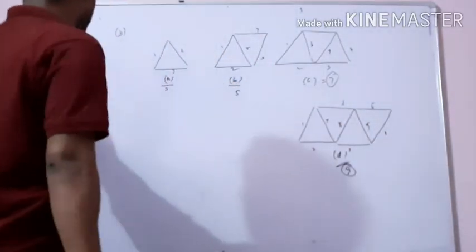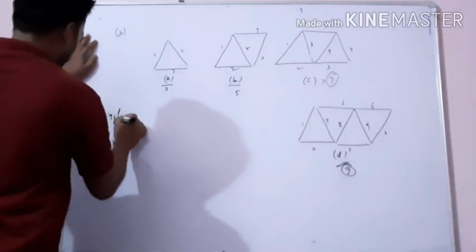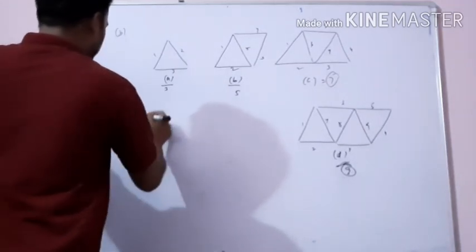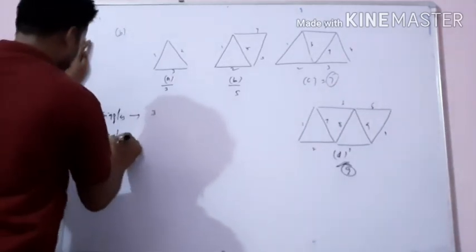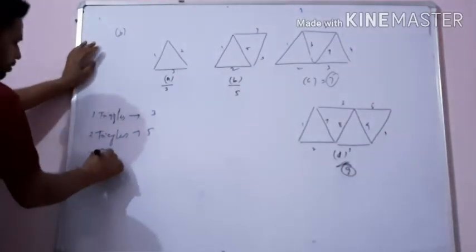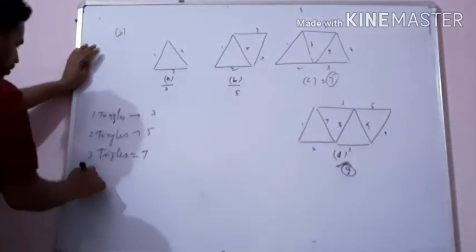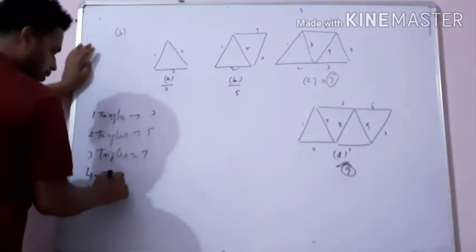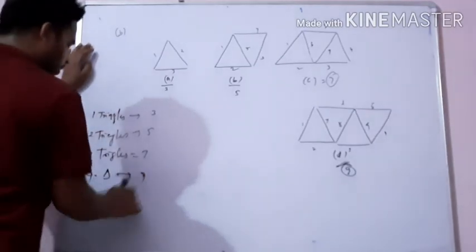Now see, for one triangle, the number of matchsticks used is 3. For 2 triangles, it is 5. For 3 triangles, it is 7. For 4 triangles, it is 9.